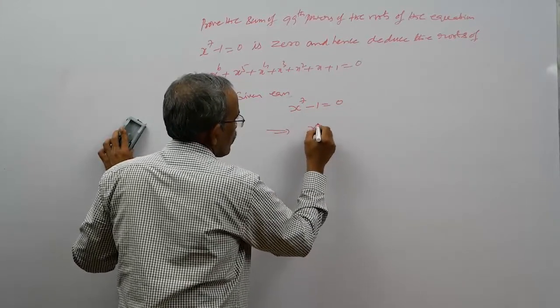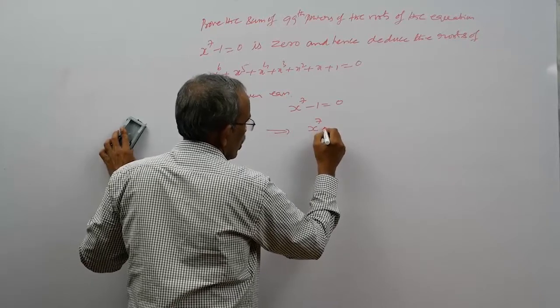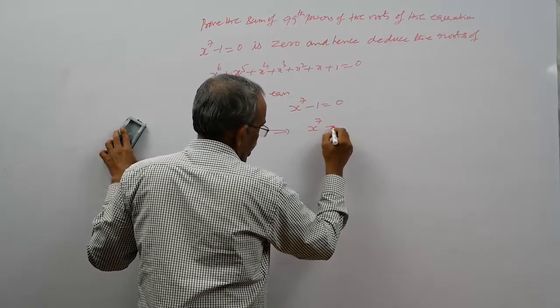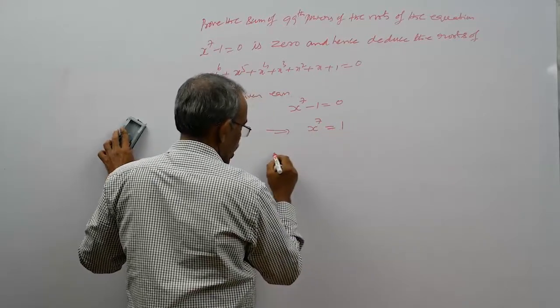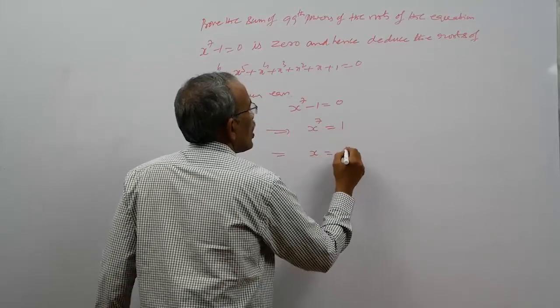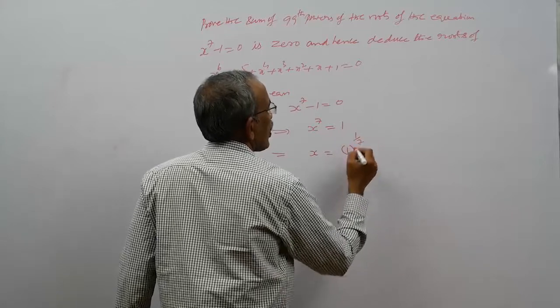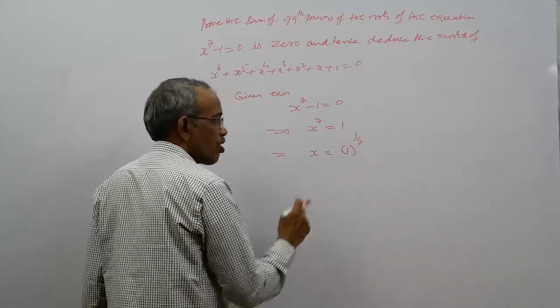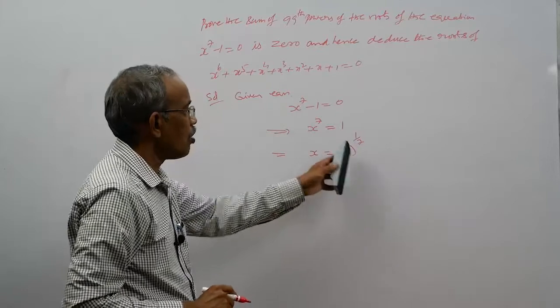The given equation is x to the power of 7 minus 1 equal to 0, that implies x to the power of 7 is equal to 1. So x is equal to 1 to the power of 1 by 7. 1 to the power of 1 by 7 means 7th roots of unity.